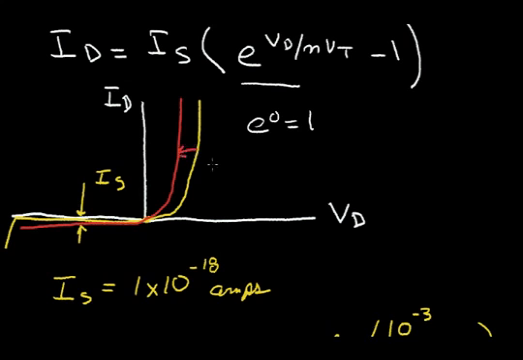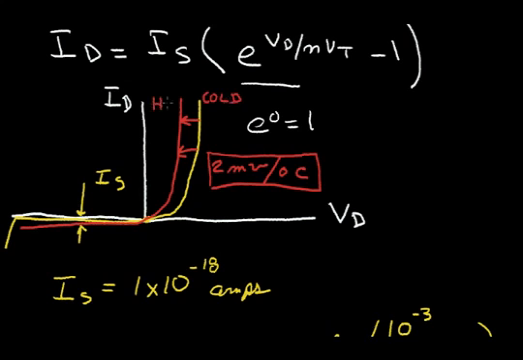As the temperature increases by 1 degree centigrade, the voltage drop decreases by about 2 millivolts. 2 millivolts per degree centigrade. So this is a good rule of thumb to remember. So as our temperature increases, the drop across the diode decreases. So this is cold, and this is hot over here.